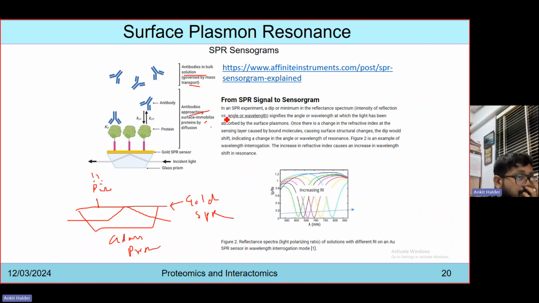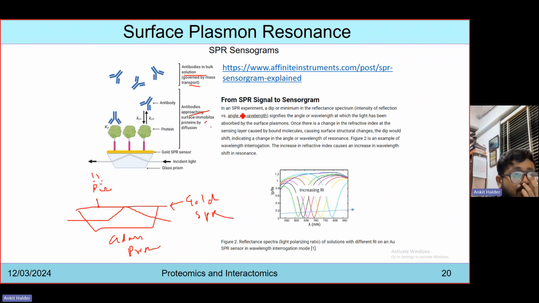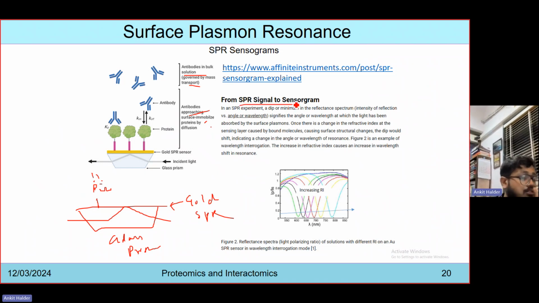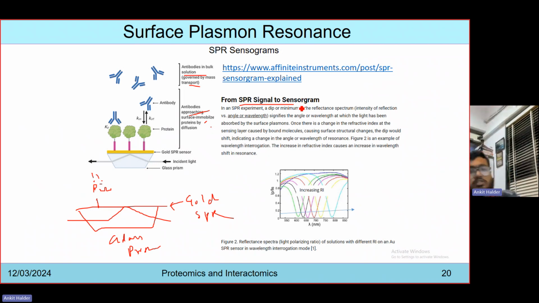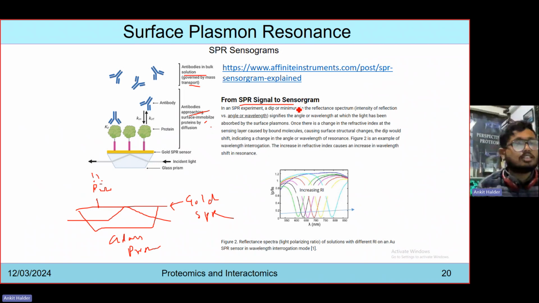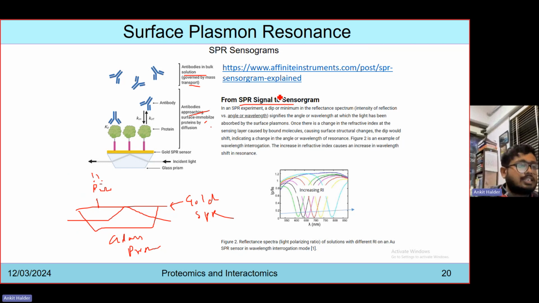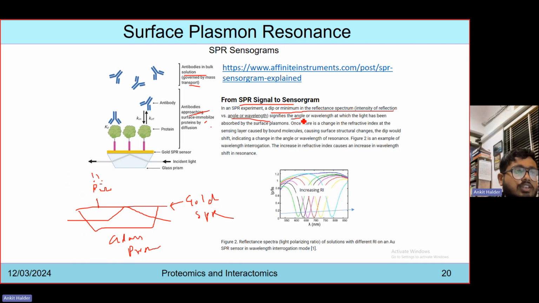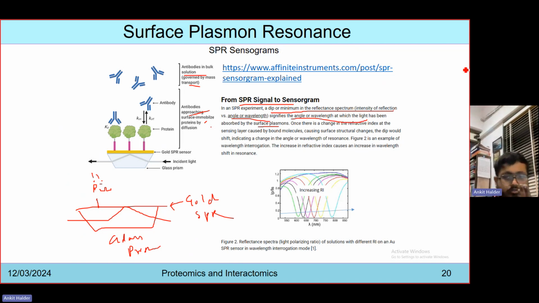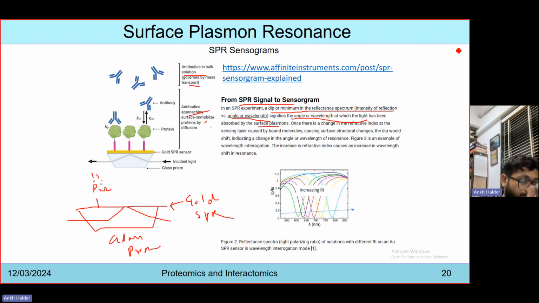Now, the concept from the SPR signal to the sensorgram is that in an SPR experiment, a dip or minimum in the reflectance spectrum signifies the angle at which the light has been absorbed by the surface plasmons. The plasmons get absorbed and excited.